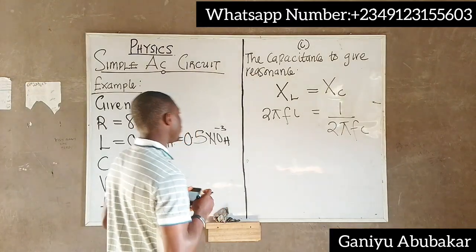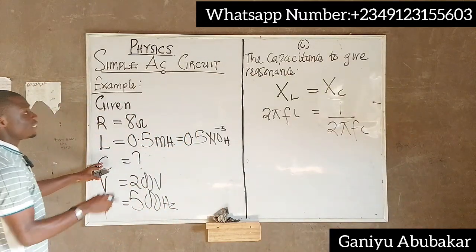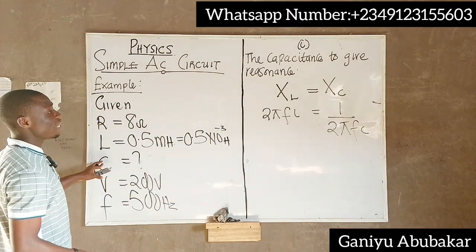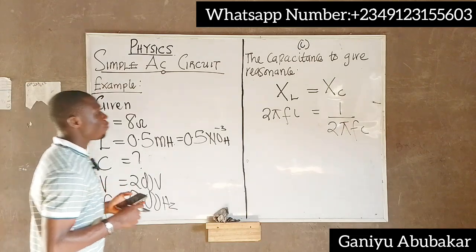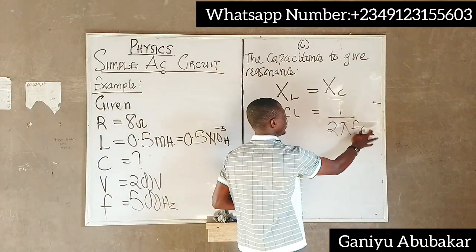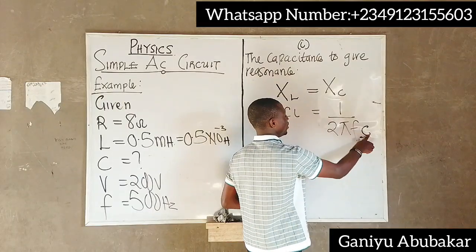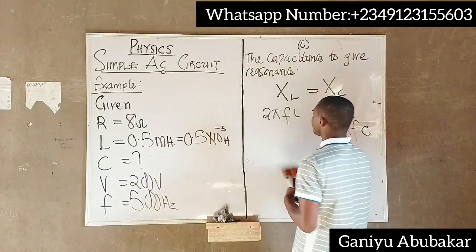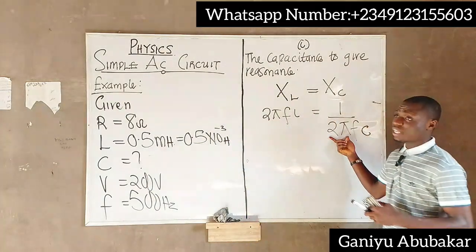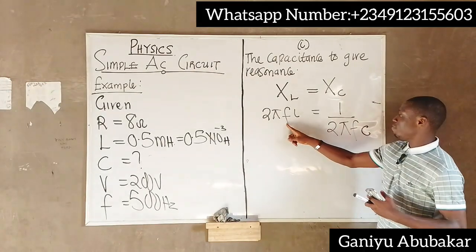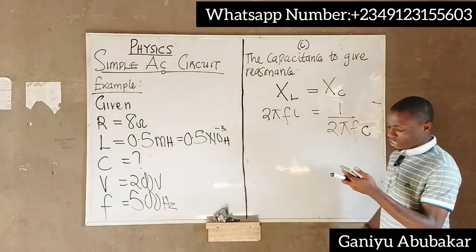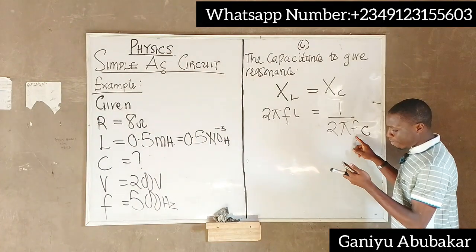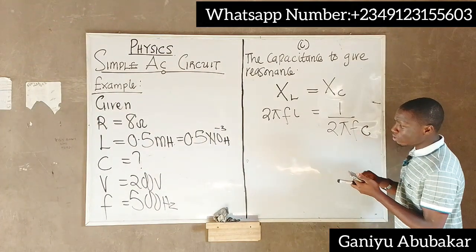I'm actually looking for C, that is the capacitance to give resonance. I can see C here. So 2 pi is a constant, and F is given.